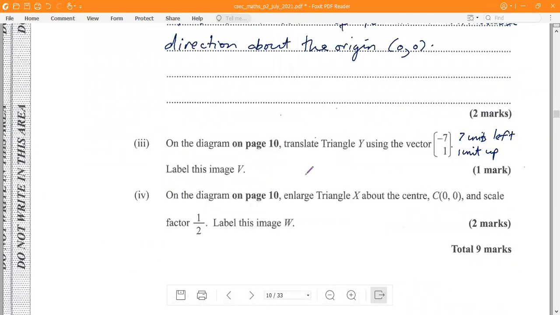All right, let's look at this one now. On the diagram on page 10, enlarge triangle X about the center C, 0, 0, with scale factor 1/2.